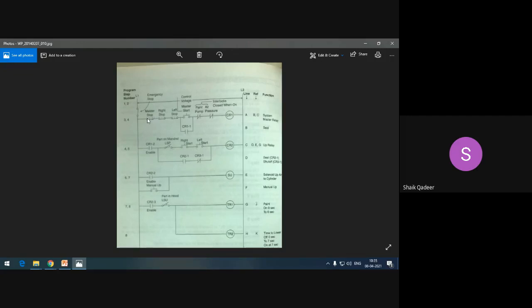Also at the same place, check whether right stop and left stop both are not pressed. Then check whether master start is pressed, and also seal it by writing the output connection in parallel with master start.